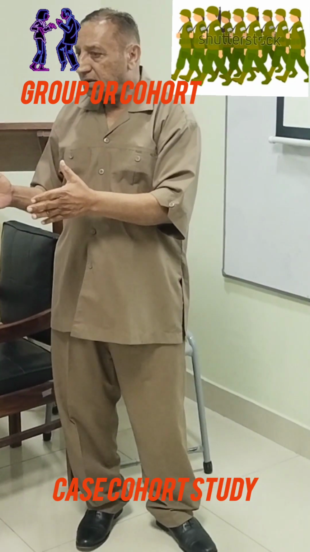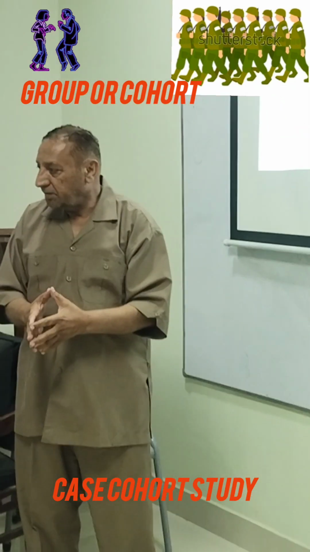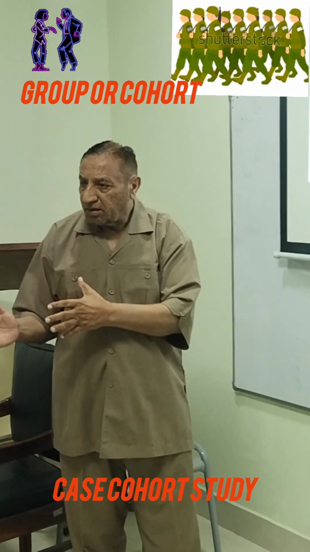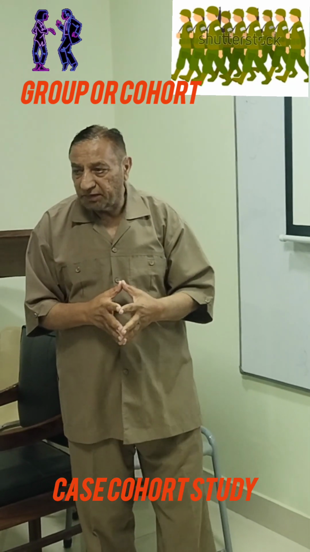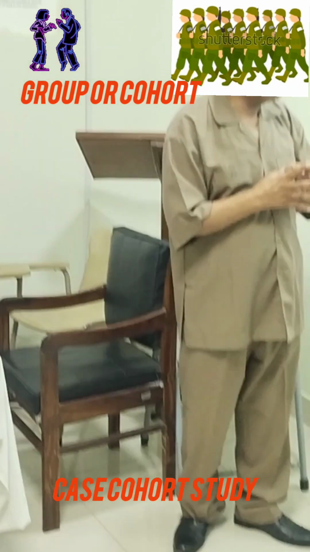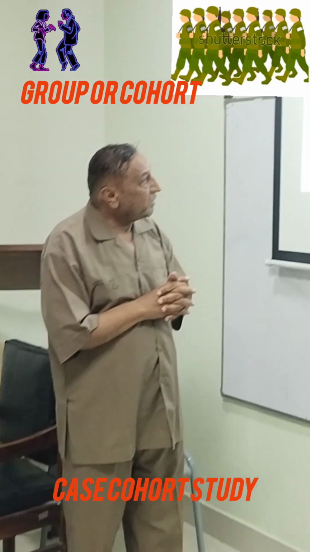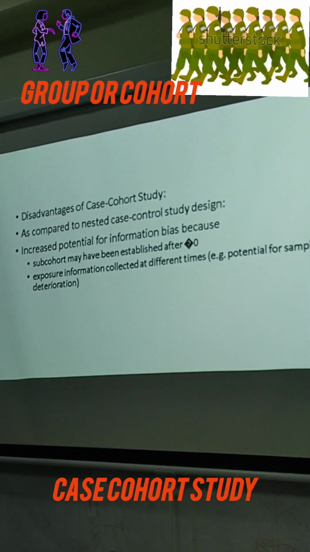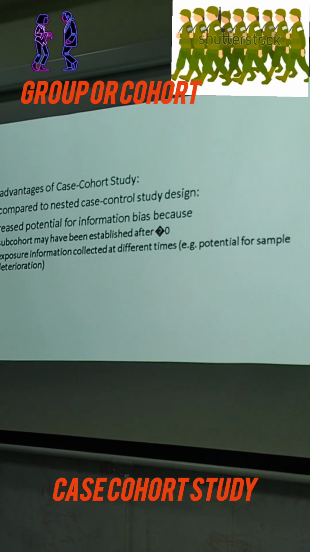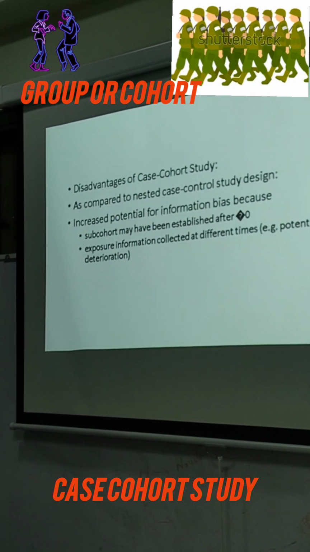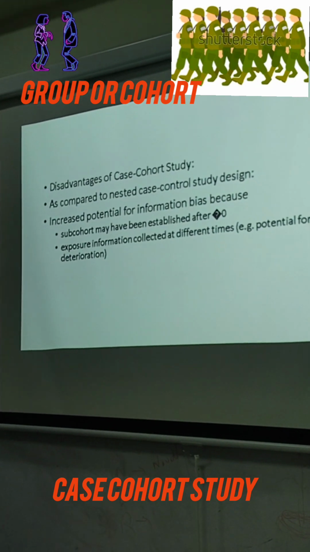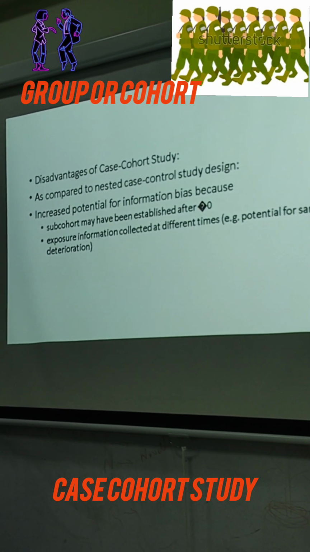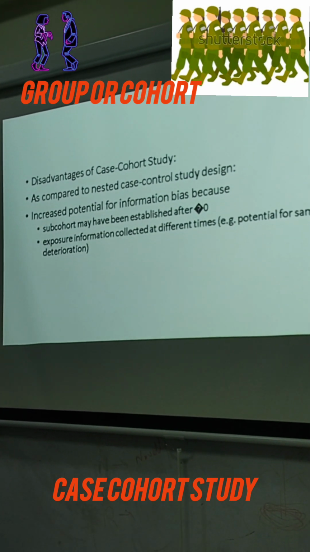So you are collecting the information at different times, which can be a little inaccurate or a weak point. So these two things are disadvantages. And here, potential for sample deterioration. So your sample may not be intact. Some people may die. Some people may leave. So your sample is not actually a perfect or intact sample.